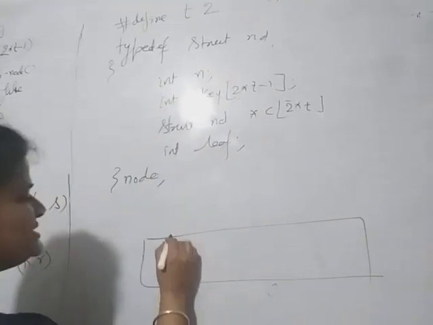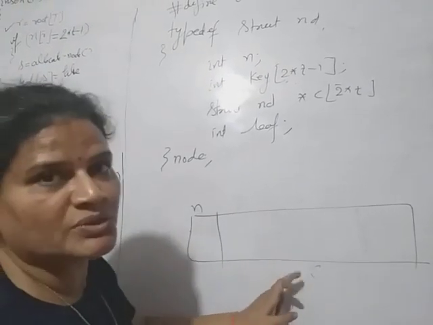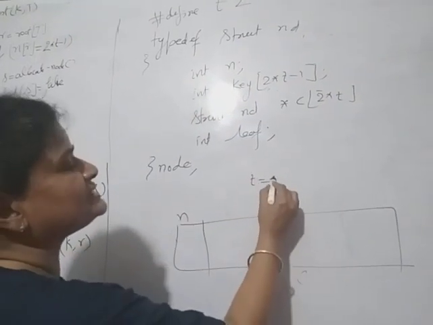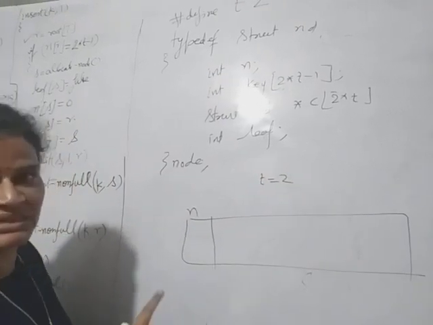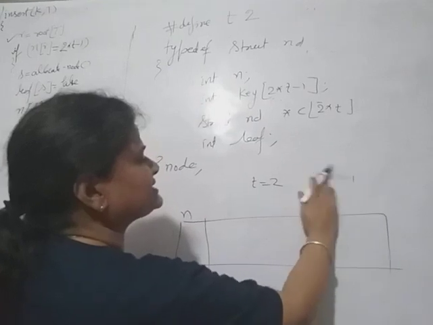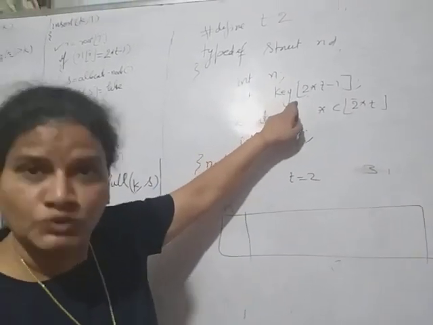The node structure means n, then key 1, key 2, key 3. Here I have written 2t minus 1. If the value of t is 2, then the maximum number of keys is 2 into 2 minus 1, that is 3. But in C language, indexing goes from 0 to 2.